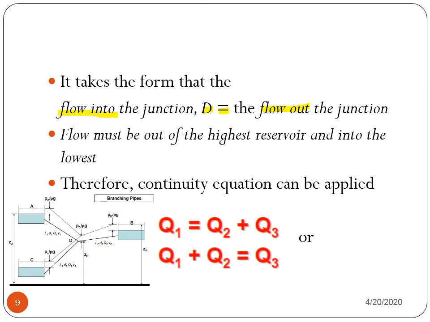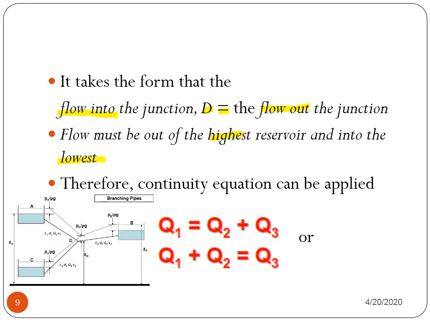Flow must be out of the highest reservoir and into the lowest reservoir. Therefore, the continuity equation can be applied either as Q1 equals Q2 plus Q3. So it depends on how the water flows.